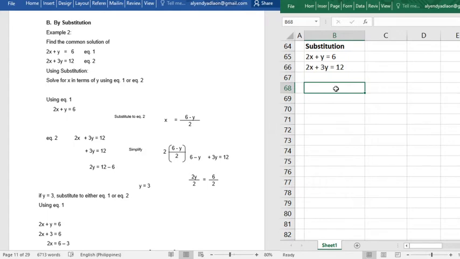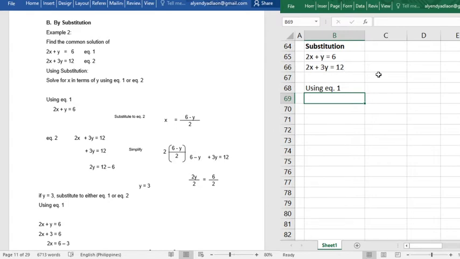So class, what we are going to do in substitution is choose one of these equations and substitute it into the other equation. So let us first try to use equation 1. Using equation 1, this equation will be substituted into the second equation.